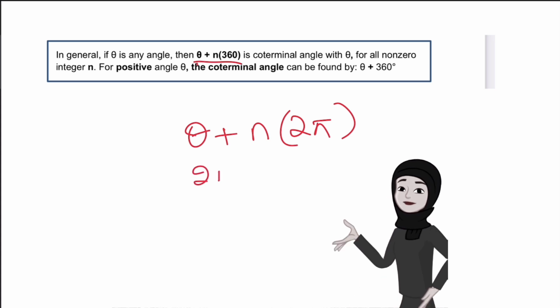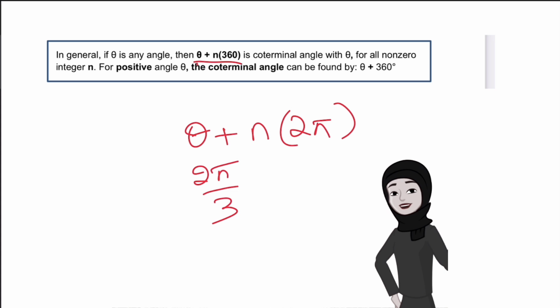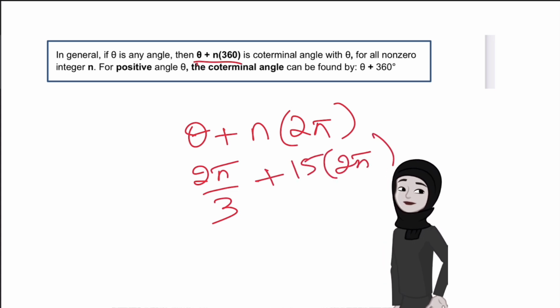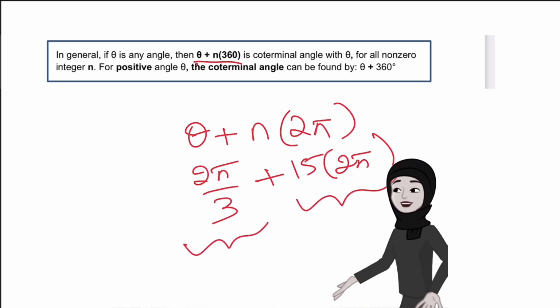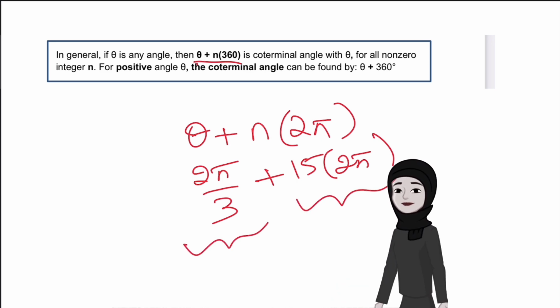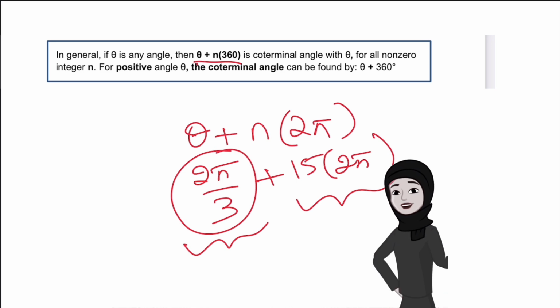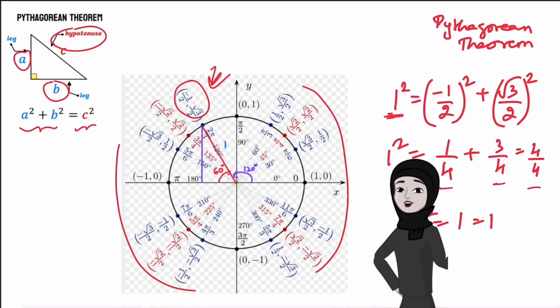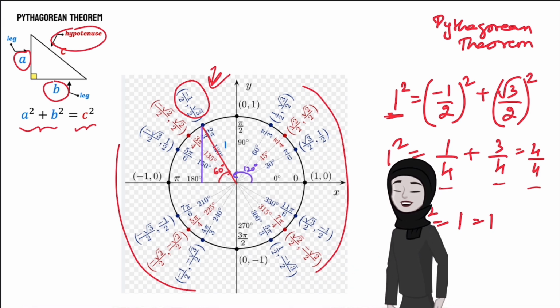In our case, 2π/3 plus 15 times 2π. So we got 15 revolutions of 360 degrees, and then the angle stopped at 2π/3. 92π/3 is a result of 15 revolutions from its starting side on the positive x-axis, followed by a rotation through 2π/3 radians.